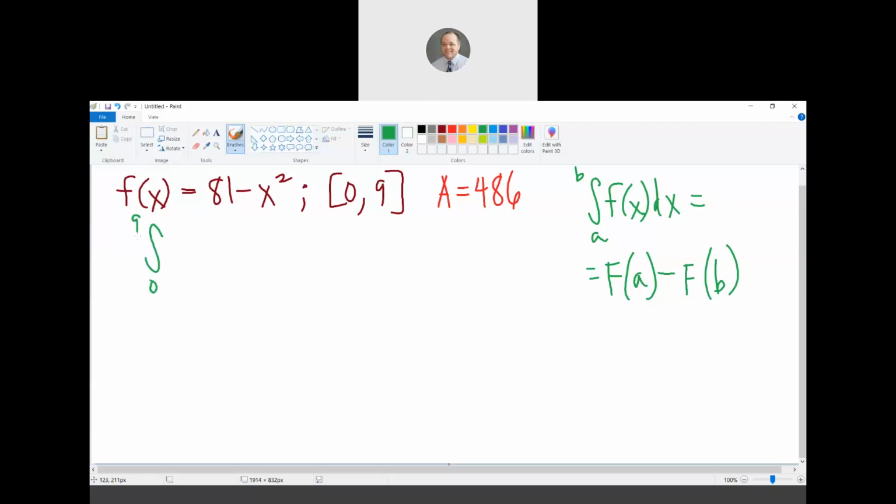So we're going from 0 to 9 of our function 81, and I'm going to rewrite that as 81x to the 0 power minus x squared dx.